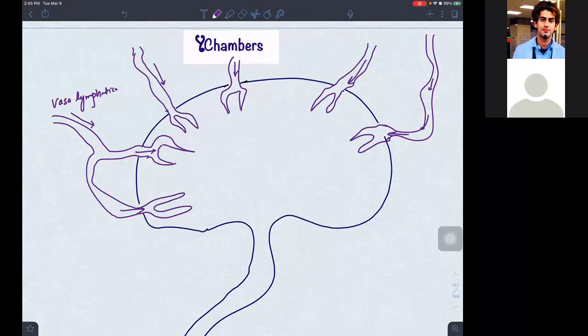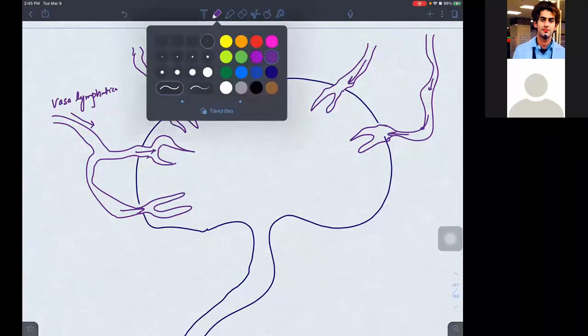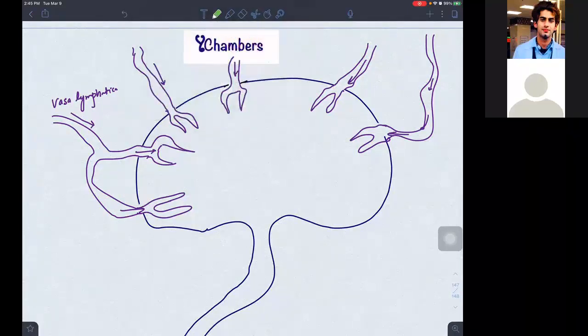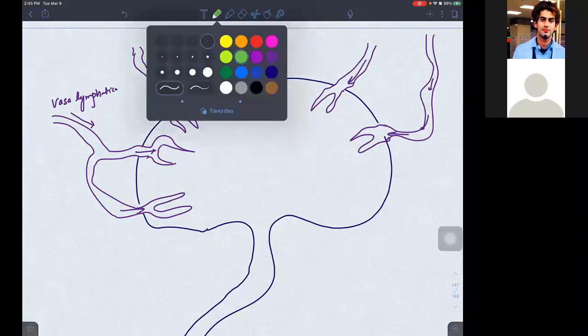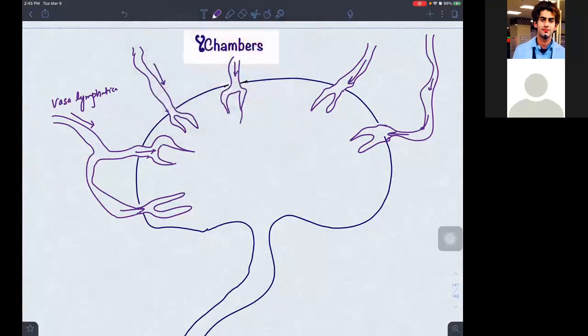Once we see them inside, we can see some partitions between them. Let me make some partitions. I can't draw lobules, but I want to show you this is interconnected. Everything is getting purple inside, communicating like this.